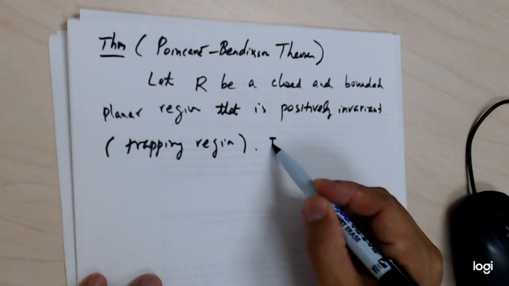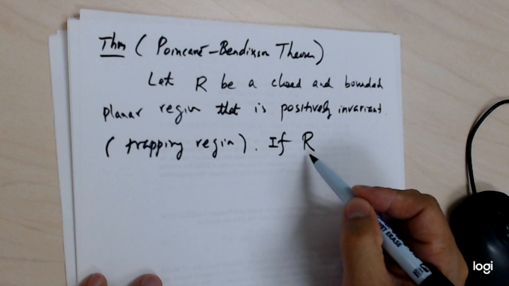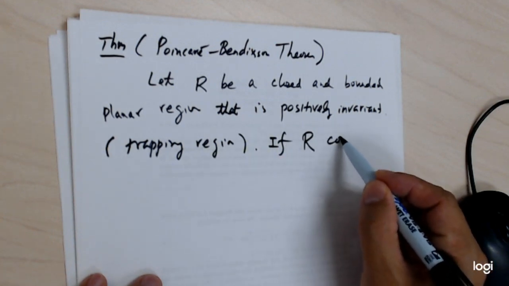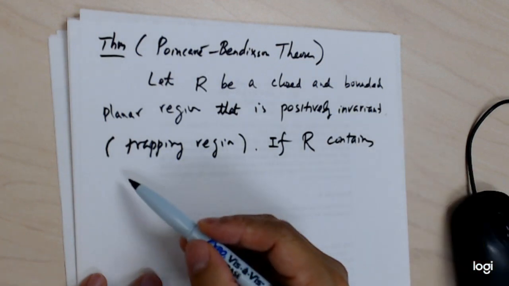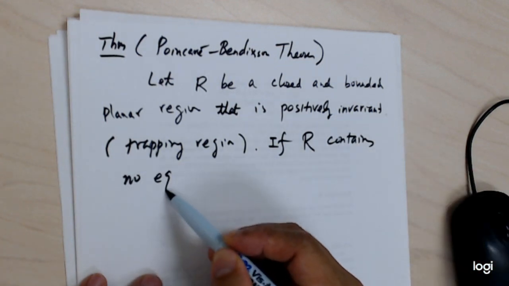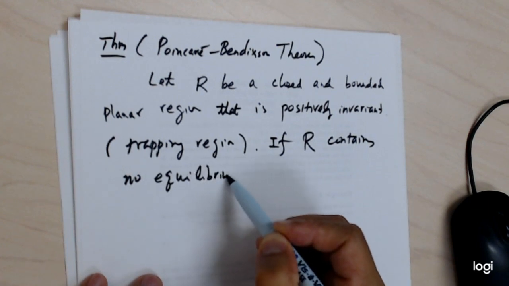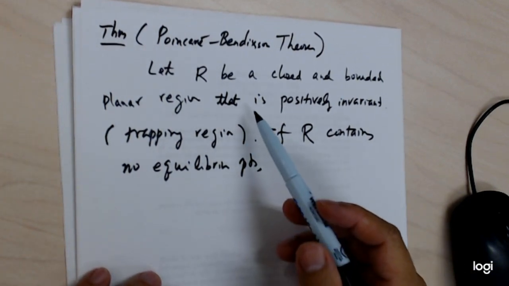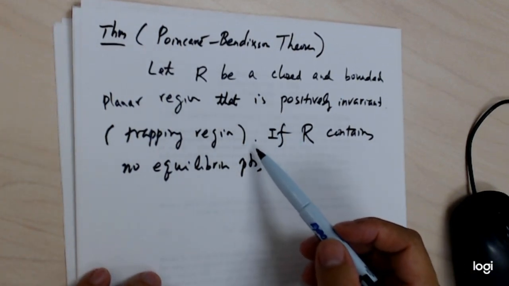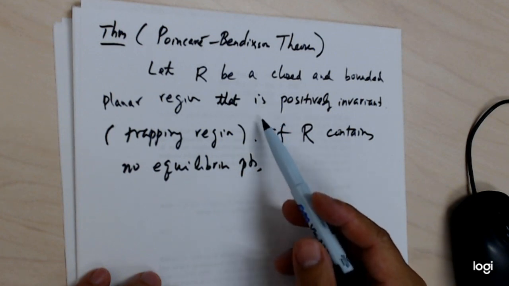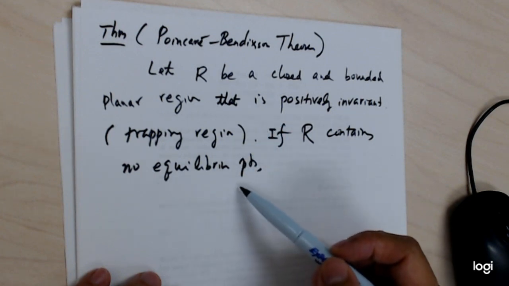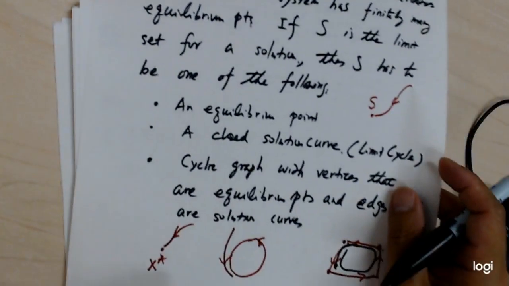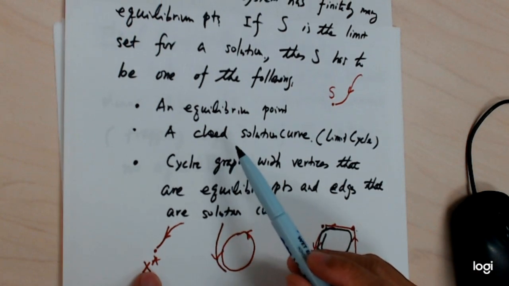The Poincare-Bendixson theorem says, if this region R traps all the solution curves but contains no equilibrium points, what do you think is going to happen to the solution curve? The solution curves are not leaving the region. It cannot approach any equilibrium points either, because there are no equilibrium points. The Bendixson alternative says there is only one possible limit set.